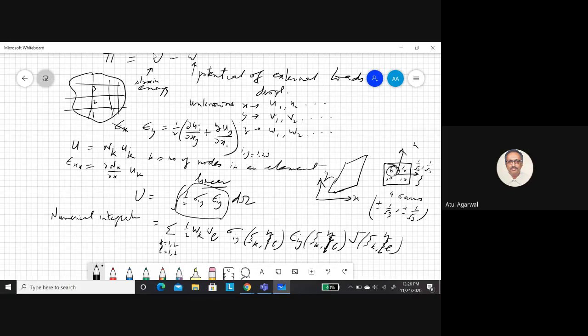So this you have to sum. You will need all the stresses and strains: sigma xx, epsilon xx, sigma yy, epsilon yy, sigma xy, gamma xy. So then for a 2D element, you have found the total strain energy. Is it okay?